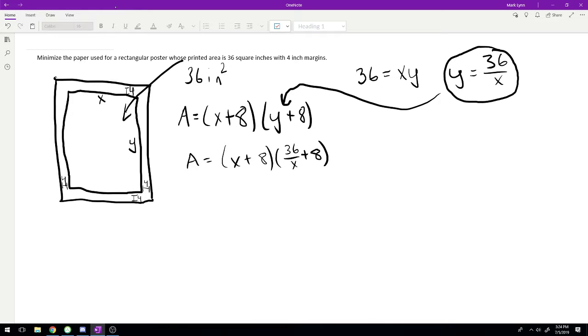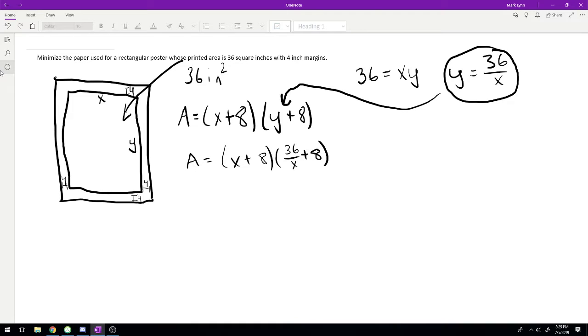So now we've got the function that we're trying to minimize in terms of a single variable. So as you may remember, all we have to do from here is take the derivative and set it equal to 0. We could take the derivative right now. We'd have to do kind of a nasty product rule. So here, just to make things a little simpler on us, let's go ahead and FOIL this out.